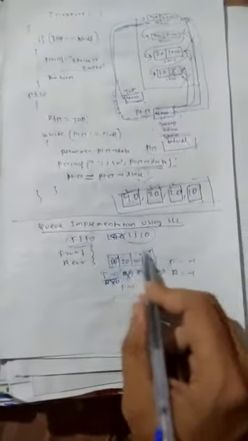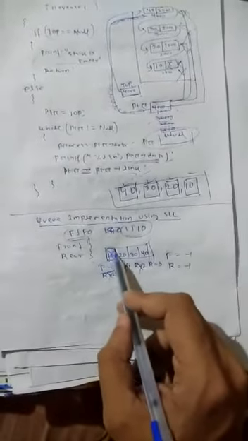So these things we have to implement using a single linked list. Imagine that each data item is stored in a node. First, imagine front and rear equal to null. Whenever front and rear are null, it means the queue is empty.